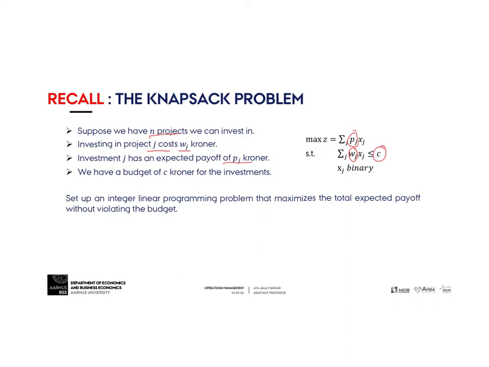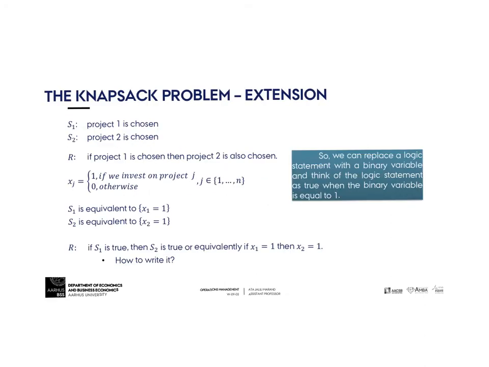Now we try to extend the knapsack problem by adding some logic constraints. Let S1 mean project 1 is chosen, and S2 mean project 2 is chosen. The relation R is: if project 1 is chosen, then project 2 is also chosen.